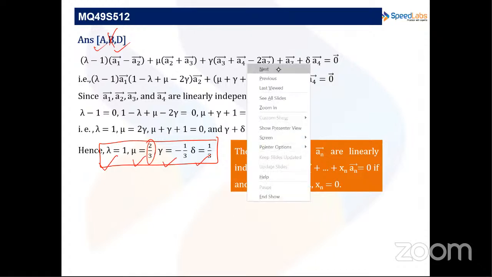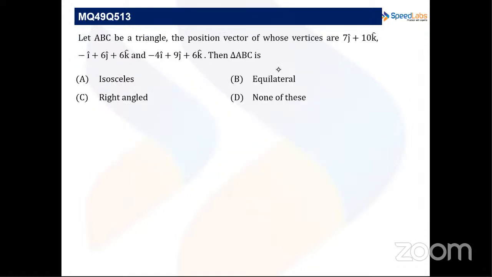Moving to the next question. Let ABC be a triangle whose vertices have the given position vectors. Then what is the type of triangle ABC? We are given the coordinates of the vertices.